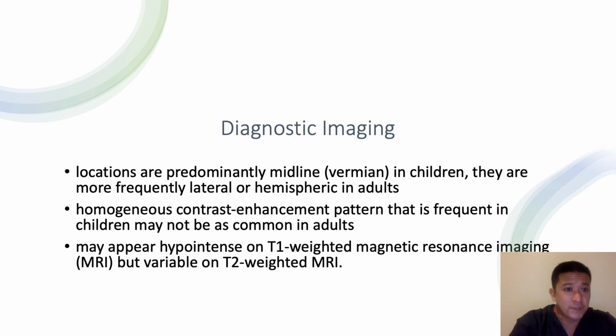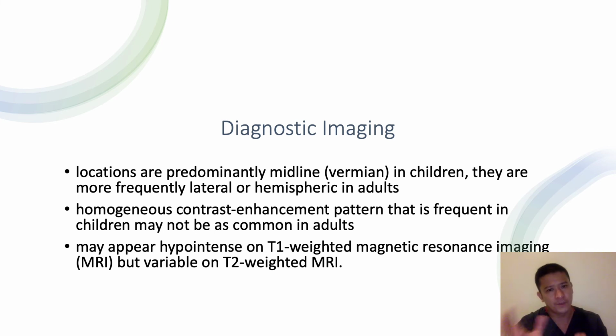So for diagnostic imaging, locations are predominantly midline, the vermis in children, and they are more hemispheric in adults. On MRI, these are homogeneously contrast enhancing. When I say homogeneously enhancing, I mean the whole tumor enhances uniformly with contrast, unlike heterogeneously enhancing, where just patches will enhance, some very bright, some not bright.